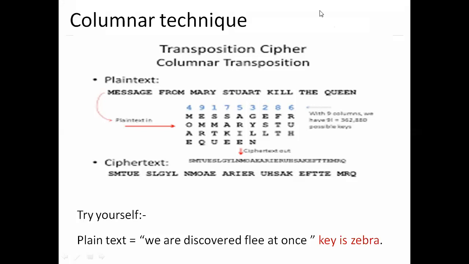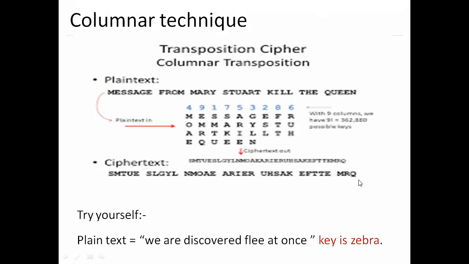Fine. So here we have converted plain text using the columnar technique into a ciphertext. Apart from this, there is one more advanced columnar technique.